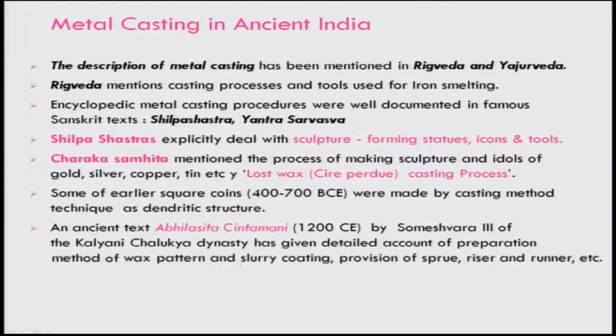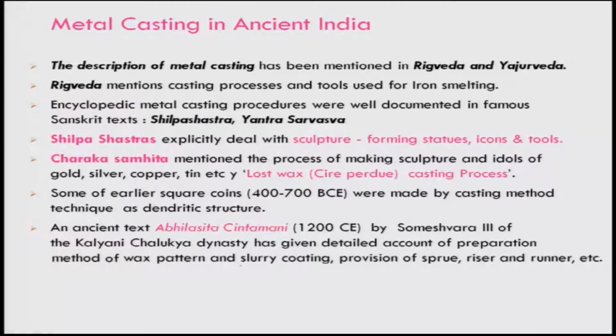One is Silpa Shastra and the other is Yantra Sarvasva, which you might be aware of by this time, and they have documented the metal casting procedures in a very intricate and exhaustive manner. Silpa Shastra, as the name indicates, basically deals with sculpture making, meaning statues, icons, tools and other things.